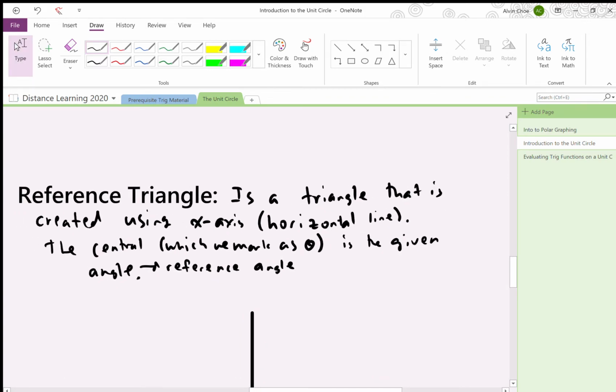So actually I made a mistake here. The central angle is the given angle, not the reference angle. My apologies on that error.